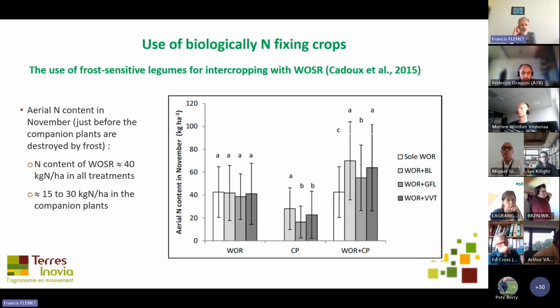The aerial nitrogen content was measured in November because it was just before the companion plants were destroyed by frost. As you can see in the figure, there was no difference in nitrogen content of winter oilseed rape, regardless of the treatment, and the aerial nitrogen content ranged from 15 to 30 kilo of nitrogen in the companion plants.